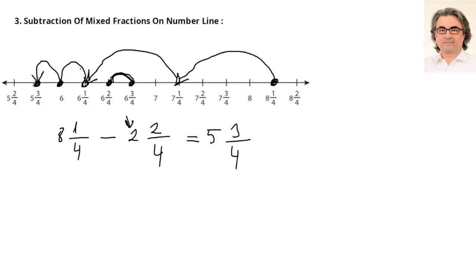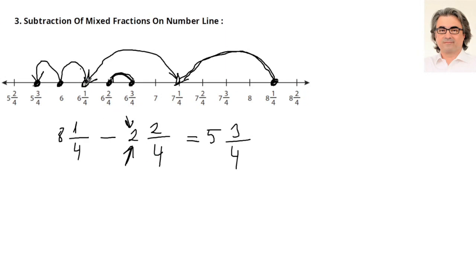1 and 2. It means from 8 and 1 over 4, I should go exactly 2 units. If you go 1 unit from this point, you will reach 7 and 1 over 4. After that, if you go again 1 unit, you will reach 6 and 1 over 4. Now I finished this part for the subtraction operation. Then I should go 2 more over 4.